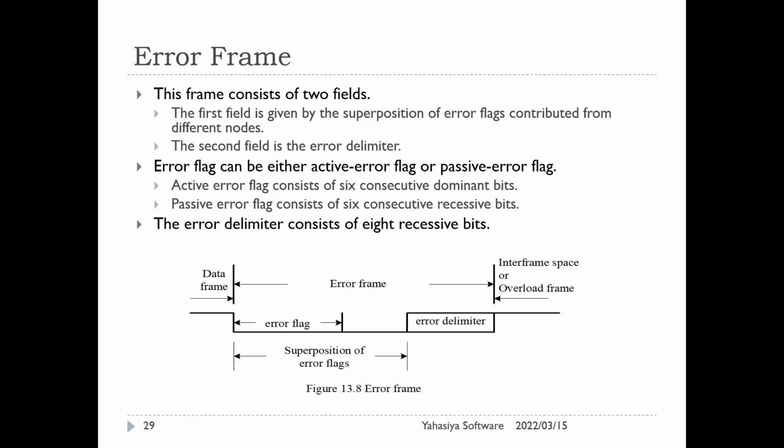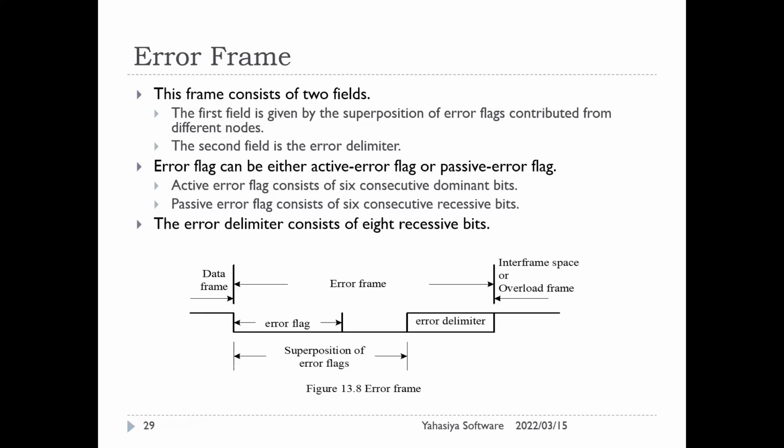Similar to that, when there is an error condition, each node will update its internal error counter. At the same time, they will make the others understand that there is an error by transmitting an error frame. As I told you before, the error frame has two types, active error frame and passive error frame.